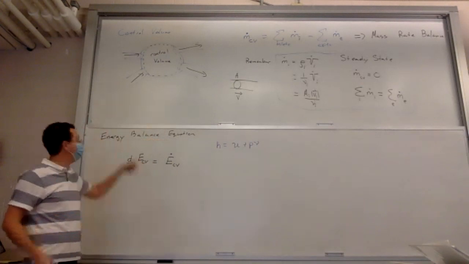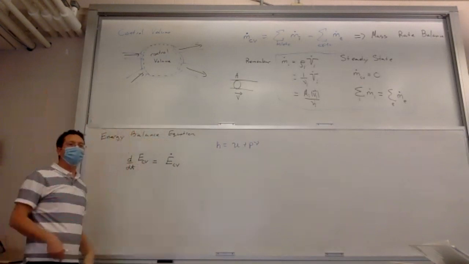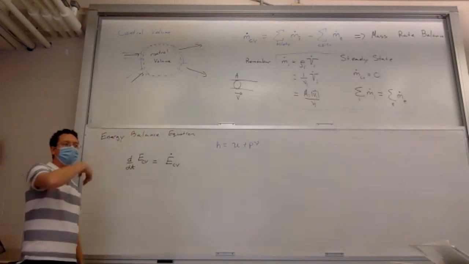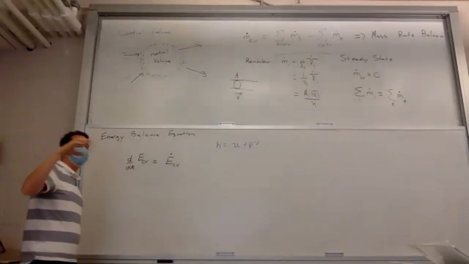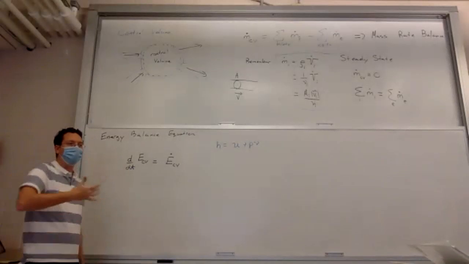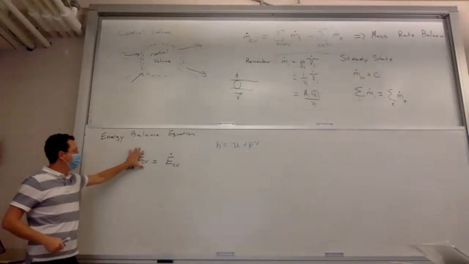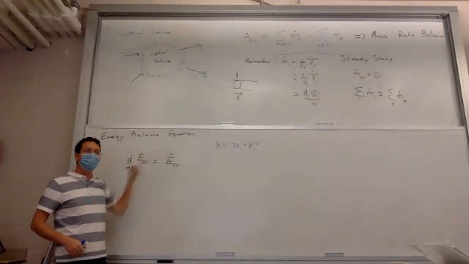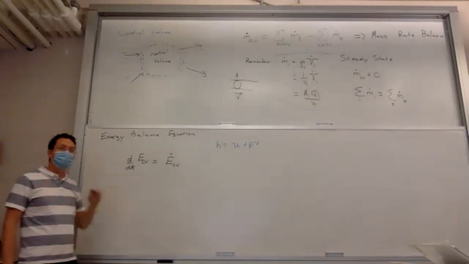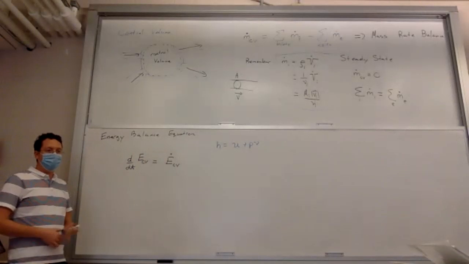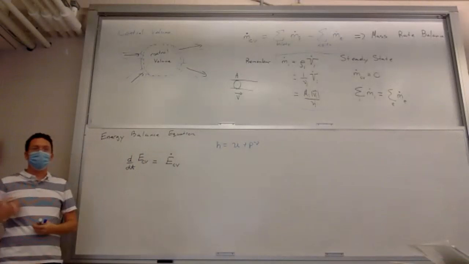Maybe there's a boiler or fire underneath it, so there could be heat added, or maybe you have a turbine spinning, so you could extract work, or run the turbine backwards and stir the stuff up to give it energy. So the types of rates of change of energy: you can have heat being added. We're going to say heat in is positive, like we always do, and work out is positive, like we always do.